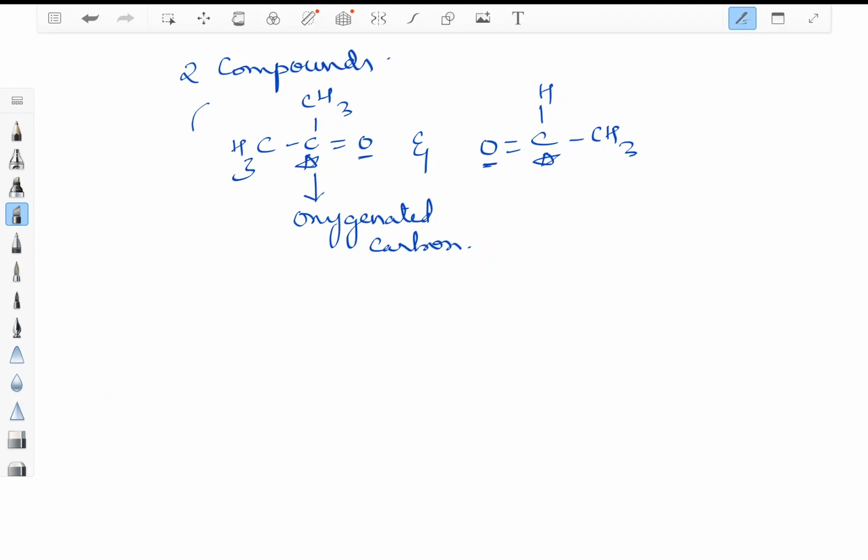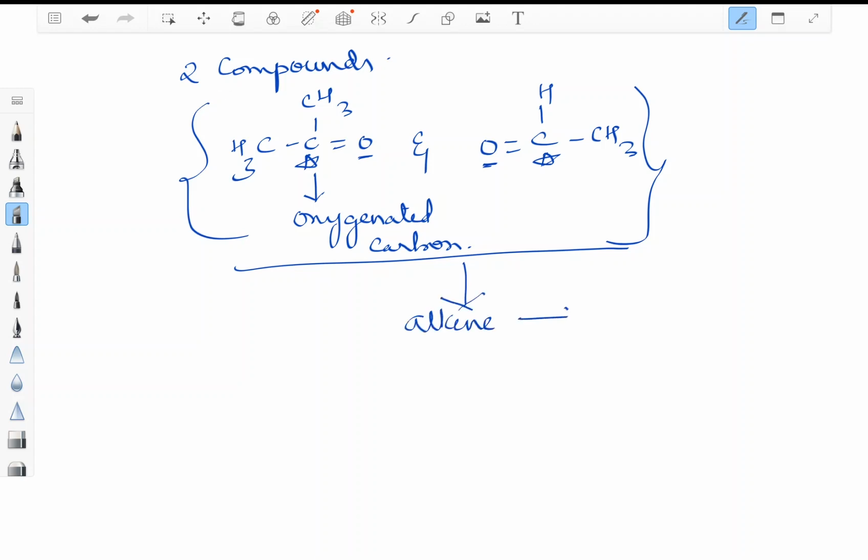For example, these are the products. I want to know from where they were actually originated. I mean to say, which alkene was actually subjected to ozonolysis in the presence of ozone and zinc and water. So we can use these 2 compounds for that.